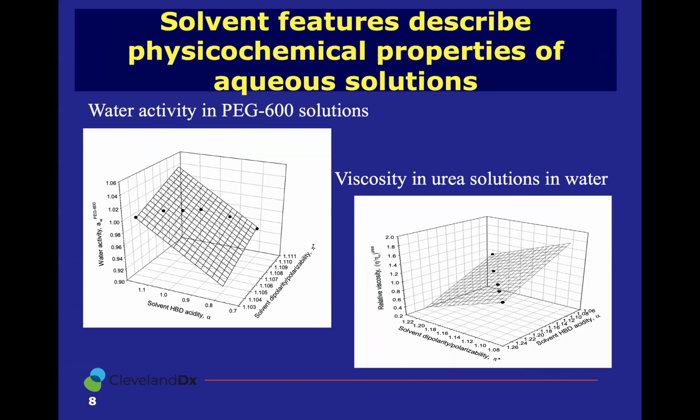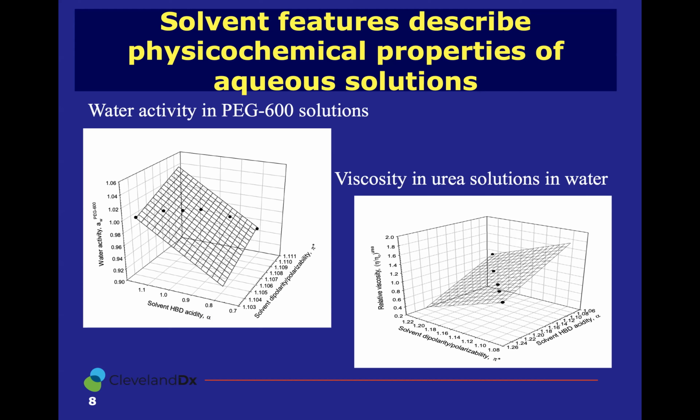Basically, what we found is that one solvent feature out of the three I mentioned before is very strongly correlated with totally different physicochemical properties, from water activity to viscosity, dielectric permittivity, relative permittivity, surface tension, you name it.